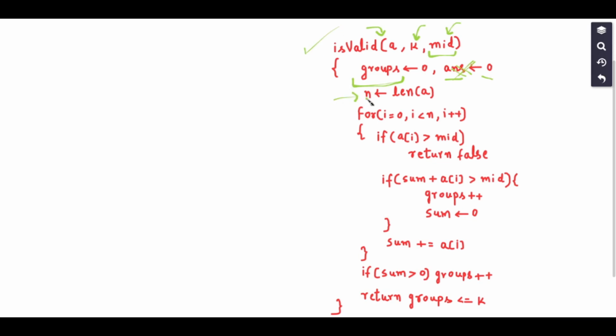So here we calculate the length of the given array, and now we traverse over the given array A, and here we check if any integer in the given array is greater than mid. If it is the case, then we return false right from here. Why? Because let's say we find an integer x in the given array which exceeds the mid.